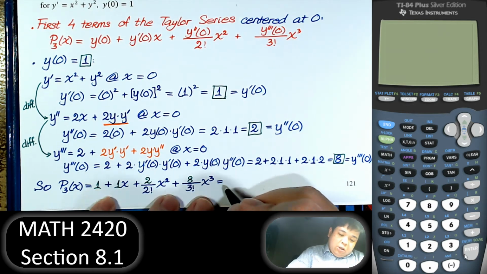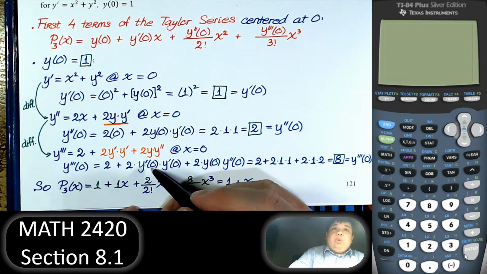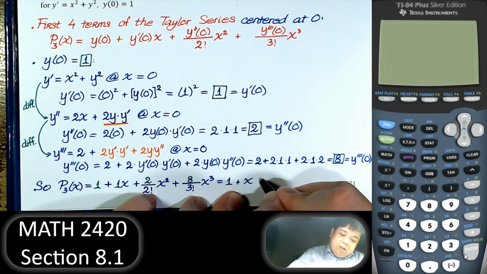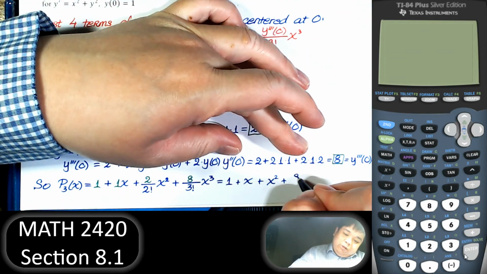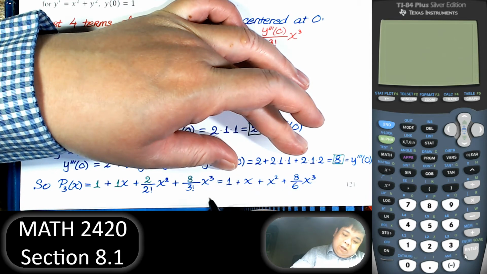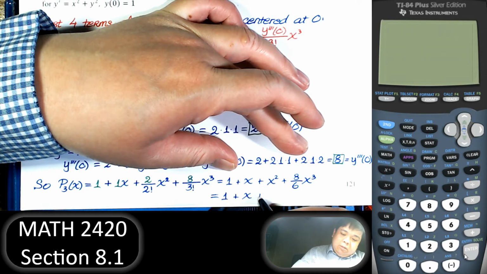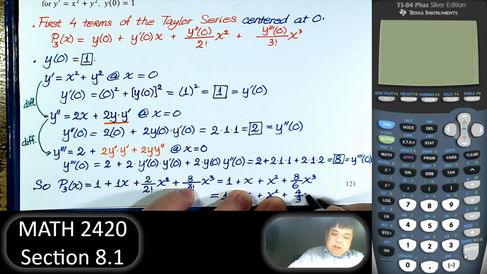So we have 1 plus x, 2 over 2 is 1, so plus x squared, and then 8 over 3 factorial, which is 6, cancels out to 4 over 3 x cubed.